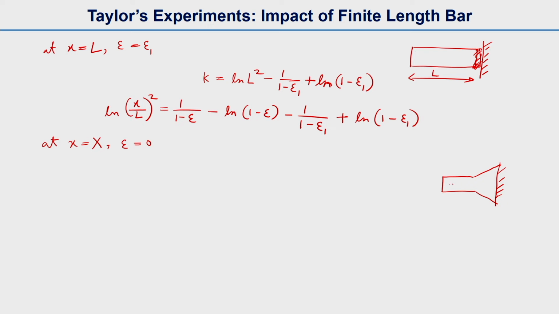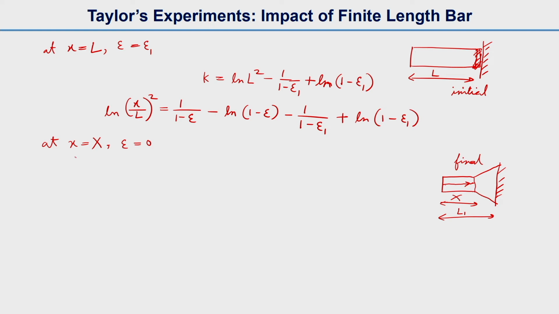When the release wave goes back from the free surface and meets the plastic wave here, the deformation will end and the strain will be 0 at that point. This distance we can call x, and the total distance is L1. This is the initial configuration and this is the final configuration.